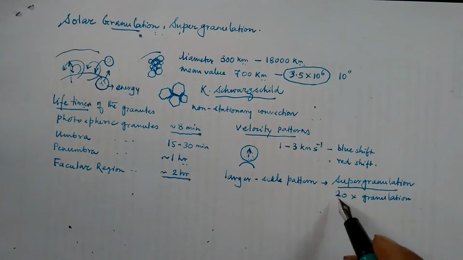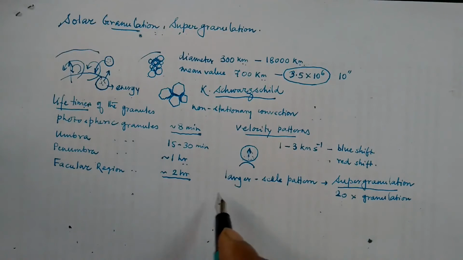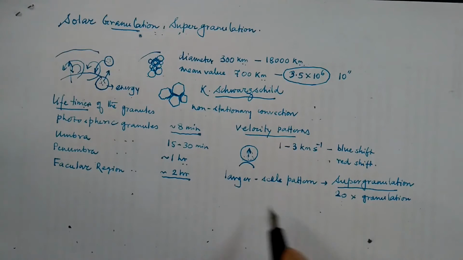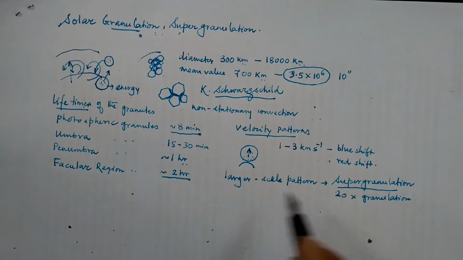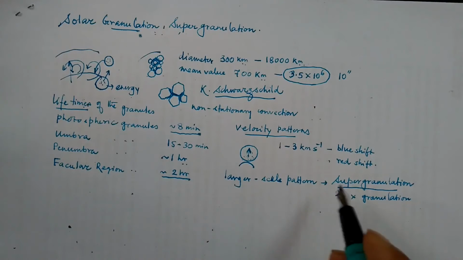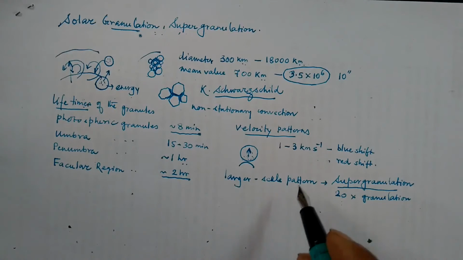So about 14,000 kilometers is the average diameter of this large scale pattern. It is much larger, about 14,000 kilometers to about 30,000 kilometers.